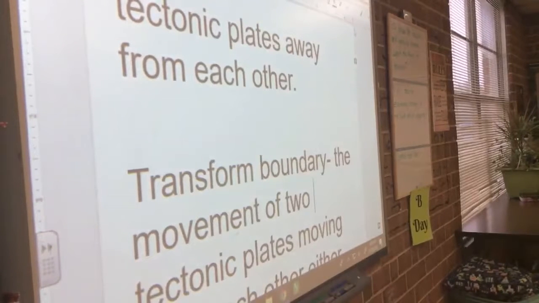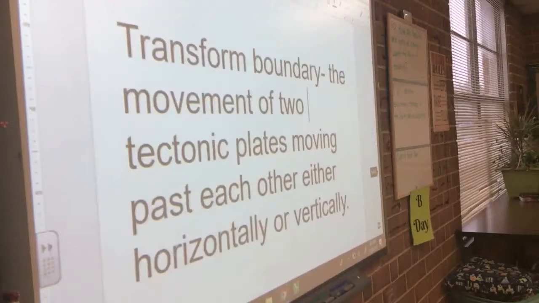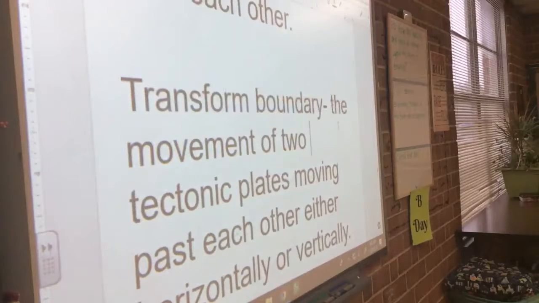All right, the last type of boundary is the transform boundary. It's when you have two tectonic plates moving past each other. This can be either vertically or horizontally, side by side or up and down. The main thing that happens here is earthquakes.